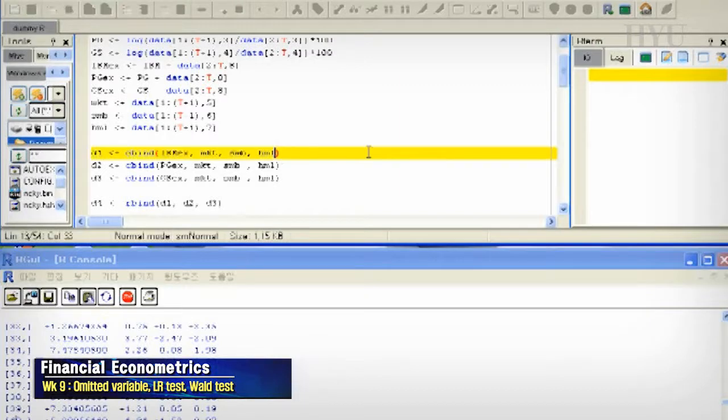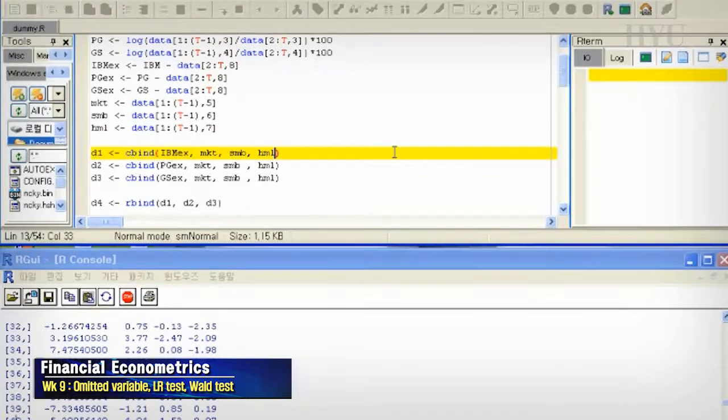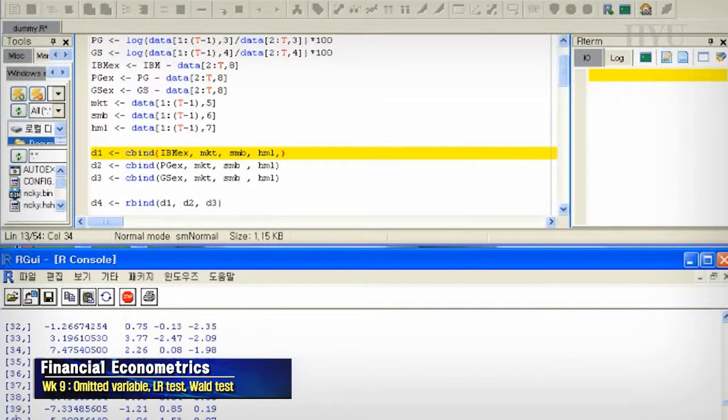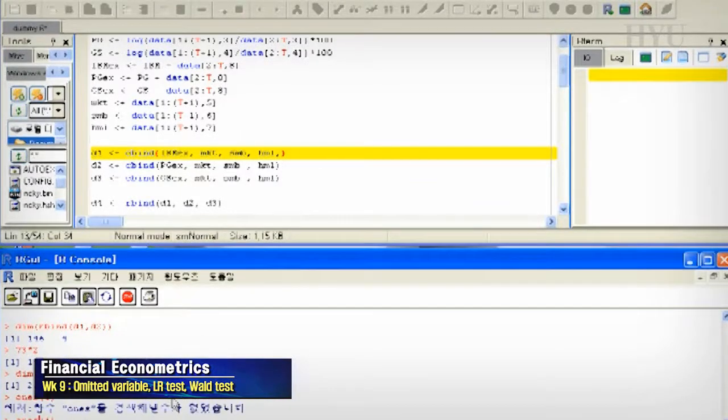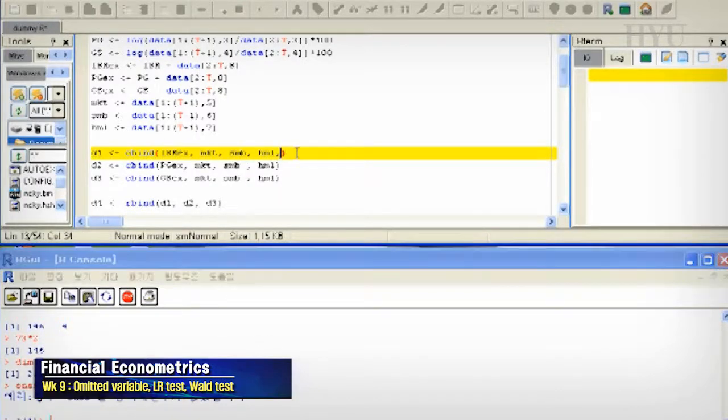cbind. So let's put ID for this one. So try this one.